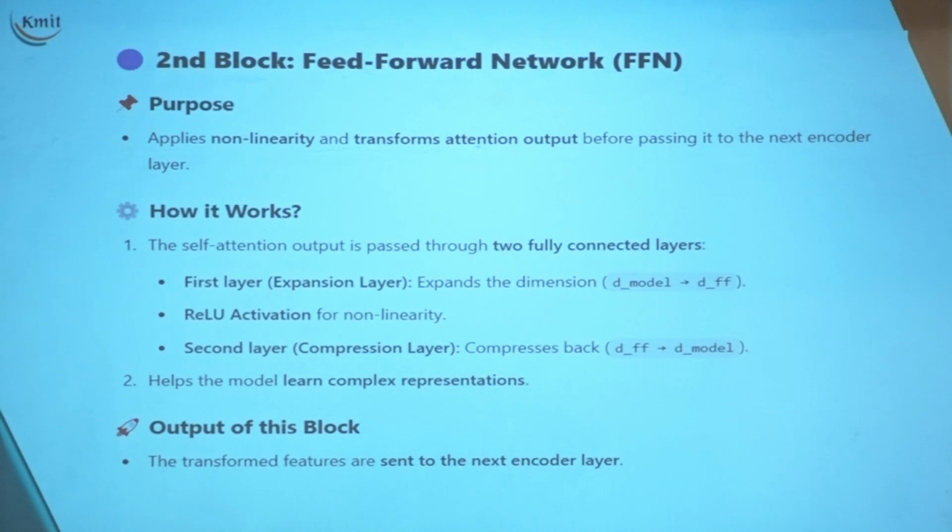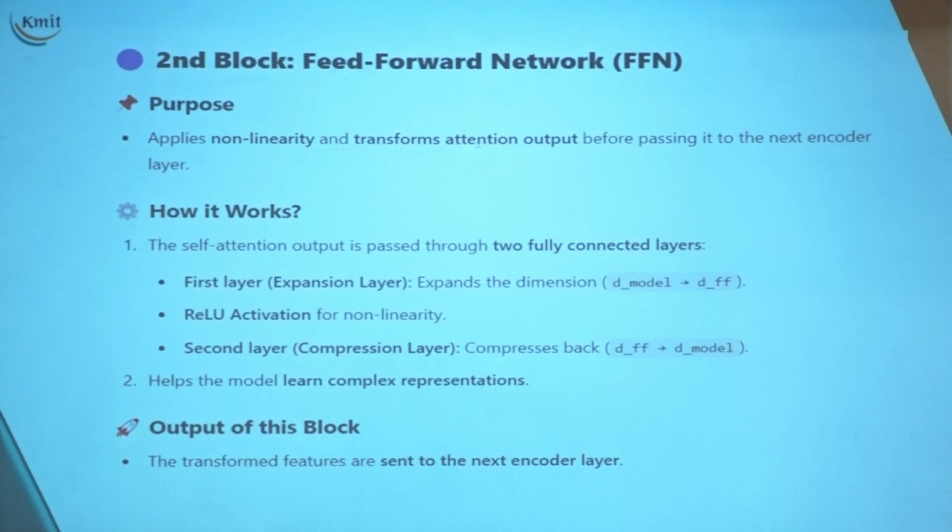Output of the encoder. Okay, now as you can see, the self-attention output is passed through the two fully connected layers. First layer is called the expansion layer, which expands the dimension. After that, we give it to the activation function ReLU for introducing non-linearity.